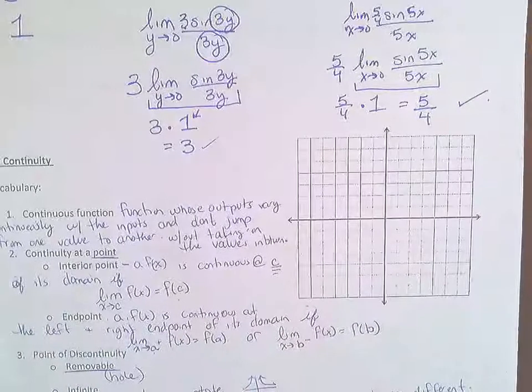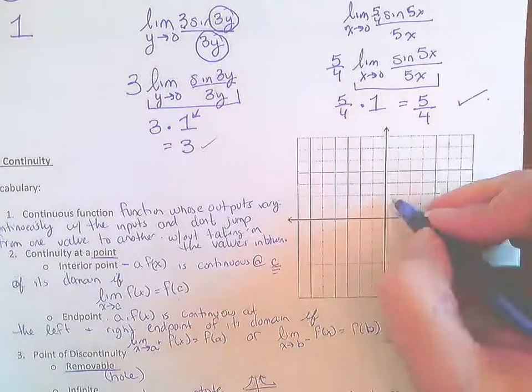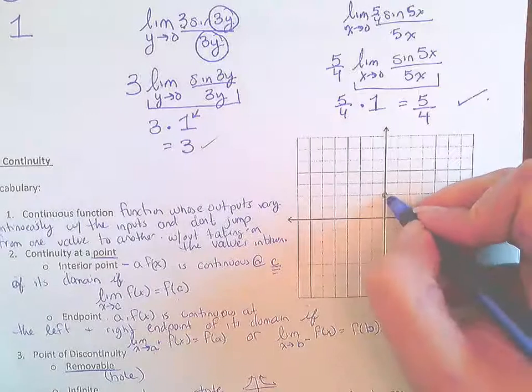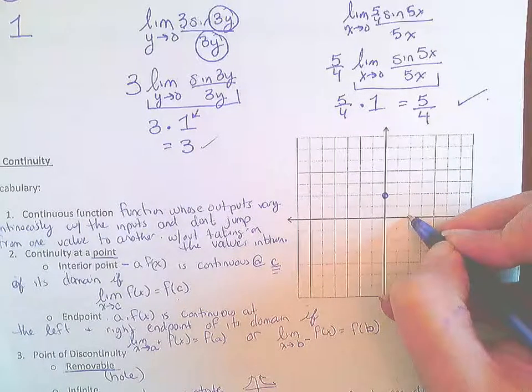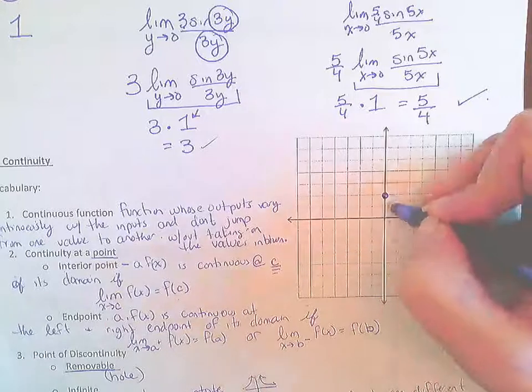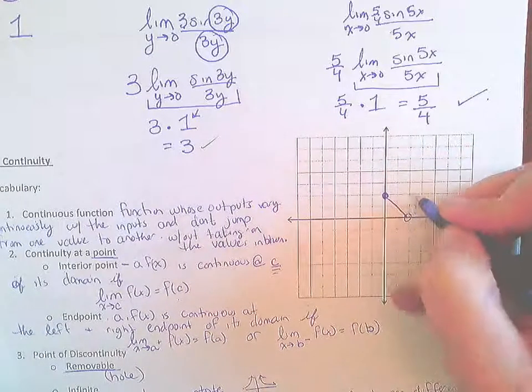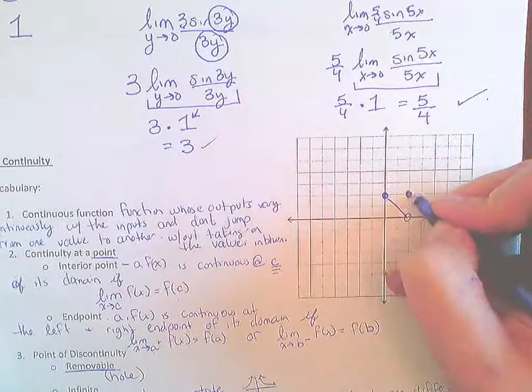All right, so I'm going to show you guys just a quick graph of a discontinuous piecewise function. I'm just going to draw kind of a random looking graph. Don't worry too much about what the function of it is right now.